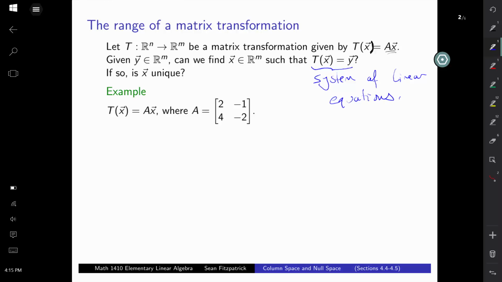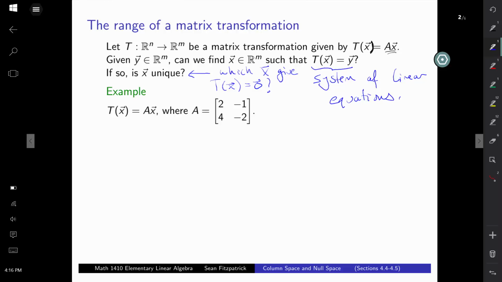The uniqueness question is also going to pop out when we look at solving the system of linear equations. But it turns out that uniqueness is related to finding vectors that get sent to 0.